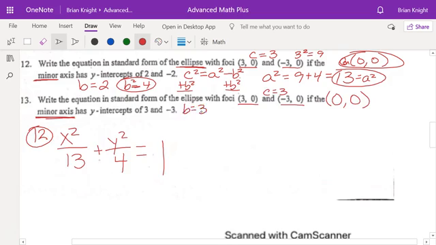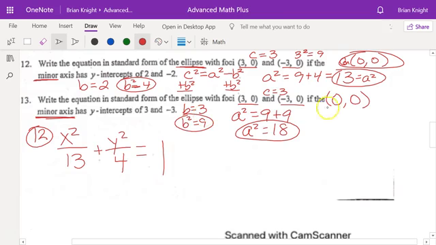And again, to get our A, I'm not going to rewrite all this. I know A squared equals B squared plus C squared. So A squared is going to be B squared, 3 squared is 9, plus C squared is 9 as well. A squared is 18. And so now we have A squared, we have B squared is 9, and we have our center.